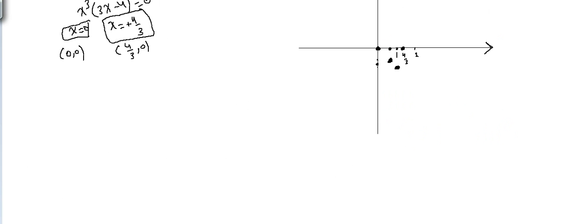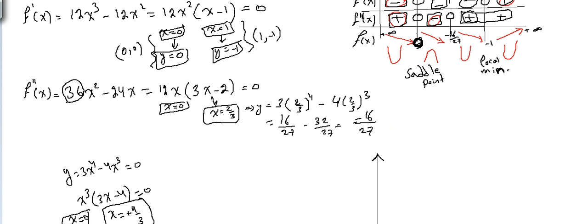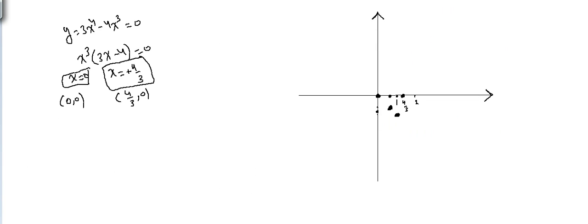And then we can draw. Look at the behavior of the function. It goes from plus infinity down to 0, 0. Then it goes from 0, 0 down to this point, to the inflection, and it goes back down to this point, right?